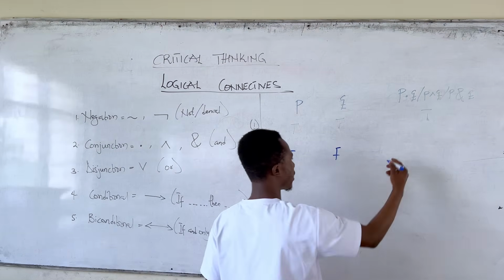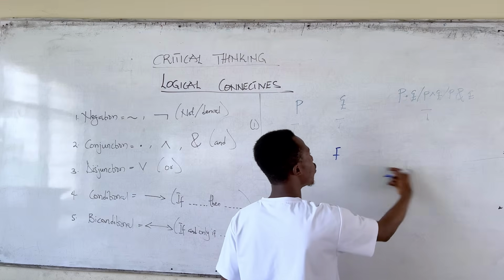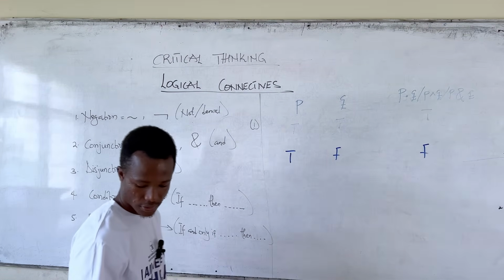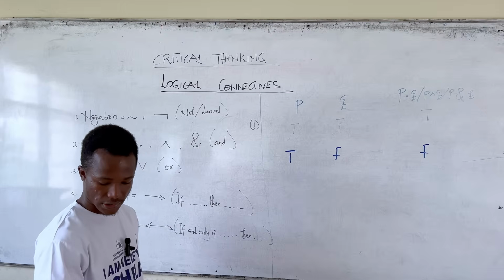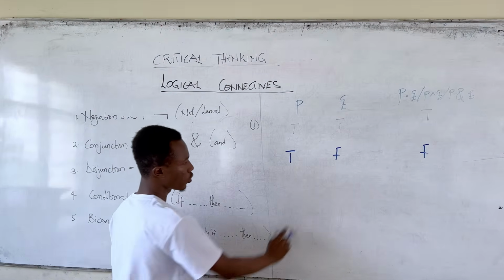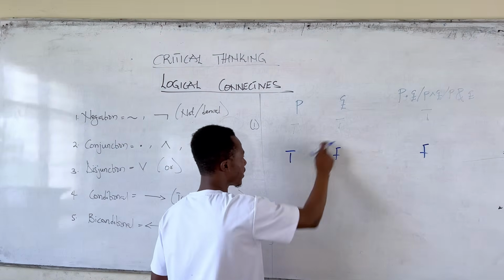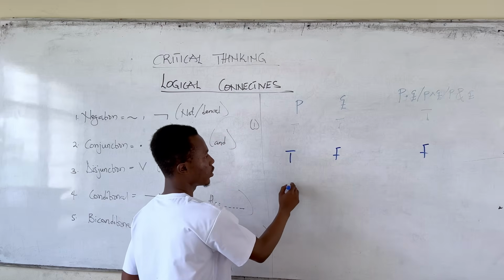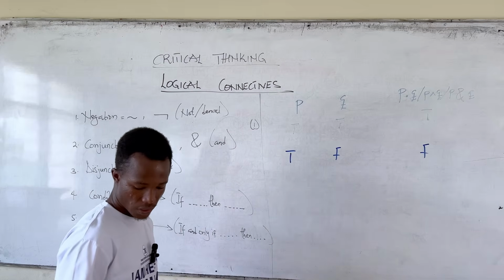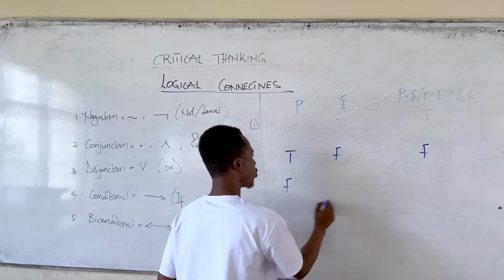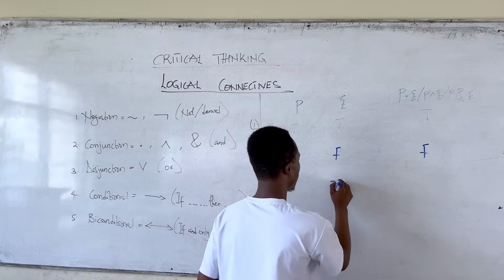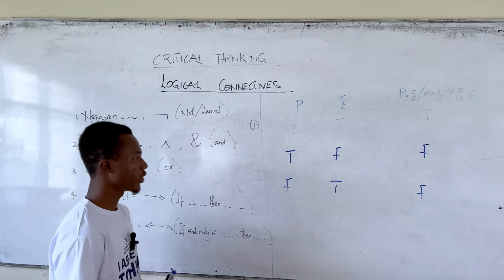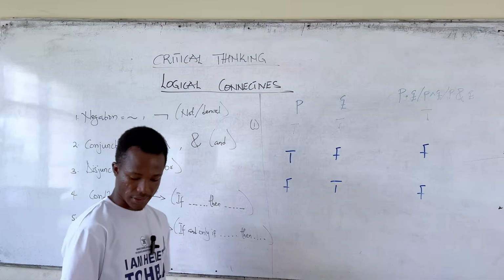And under conjunction, it is going to make the whole sentence false, because once there is a false statement in it, it is going to be false. So here too, let's say you have the first sentence to be false, second sentence to be true. You are still going to get a false statement.